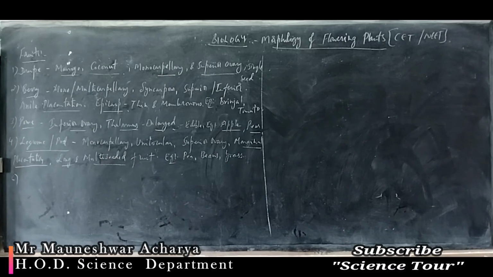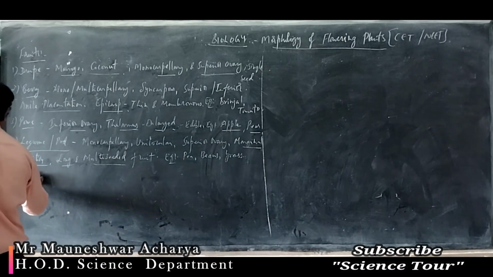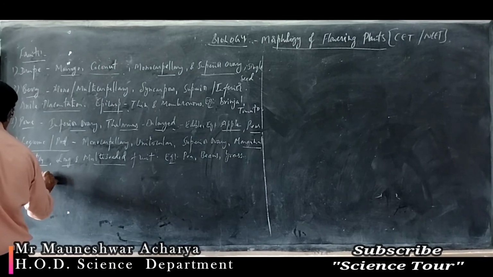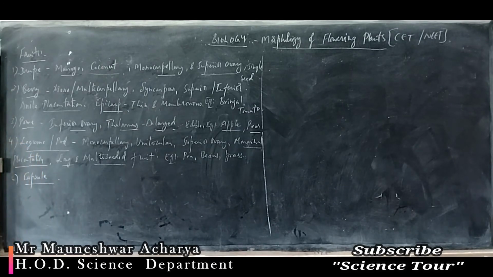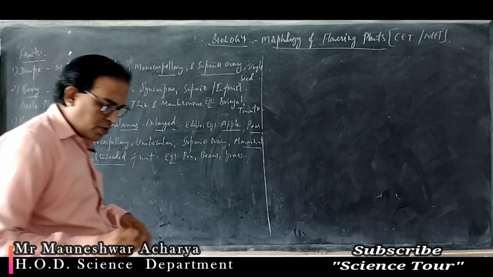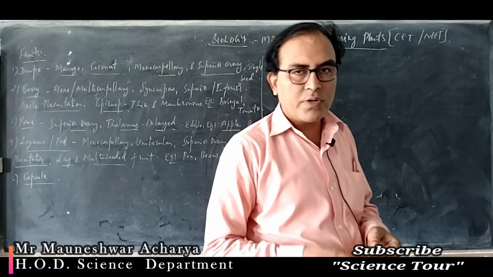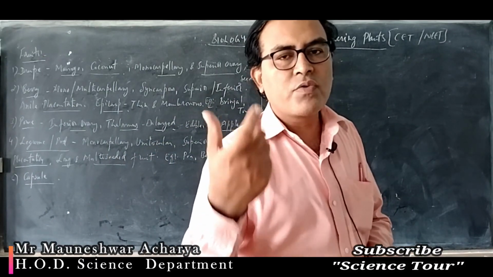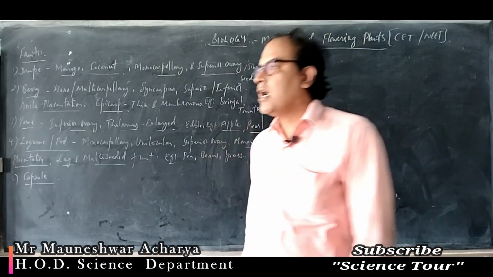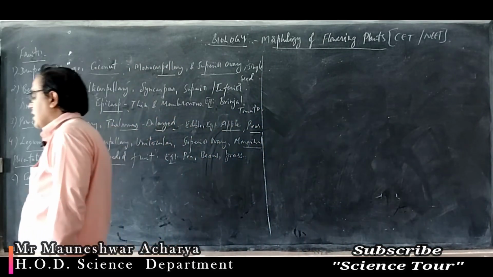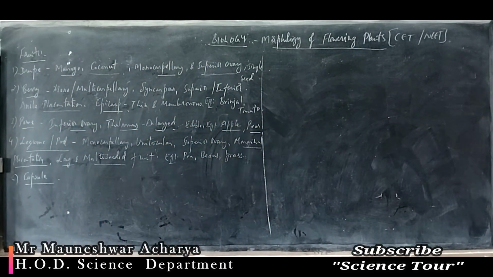Next coming to capsule. Capsule is the next type of fruit. So here the dehiscence means the rupture of the fruit for the dispersal of the seeds. Dehiscence occurs in different methods.